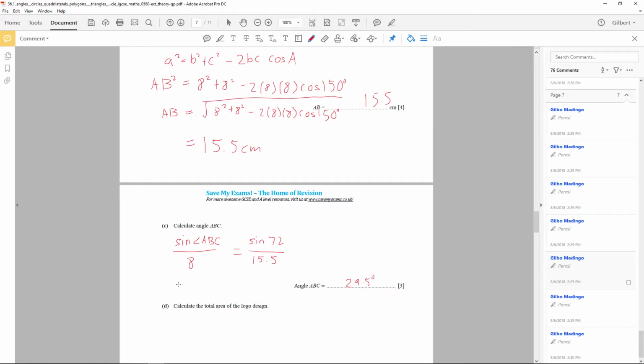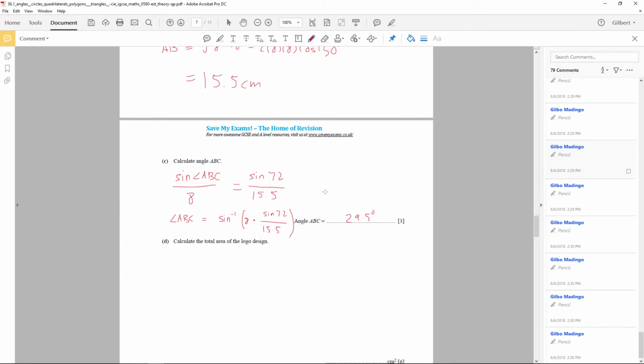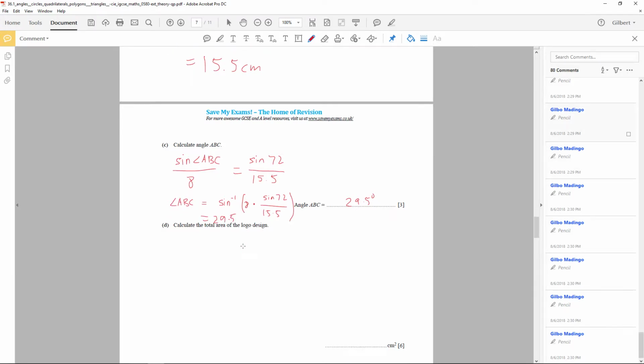The working would have been angle ABC is equals to shift sine 8 times sine 72 over 15.5. Remember to use the full values in your calculator for this answer. Okay, now finally this will have been 29.5.